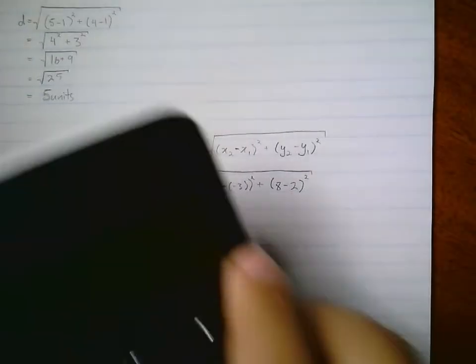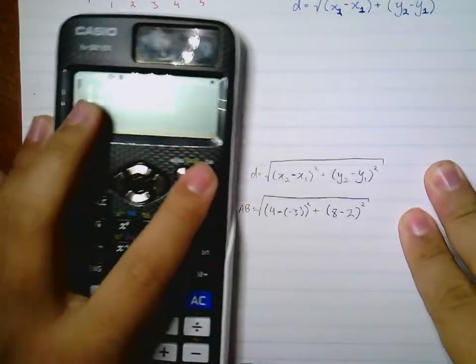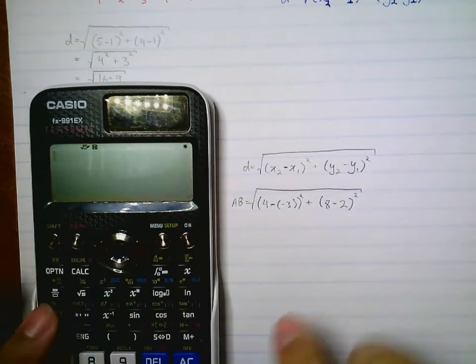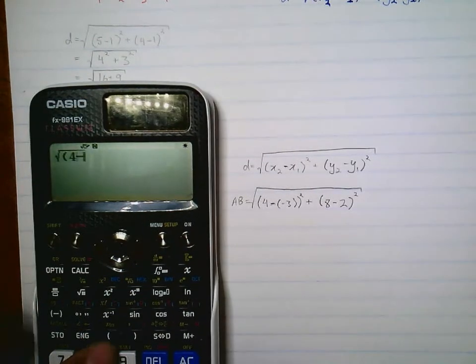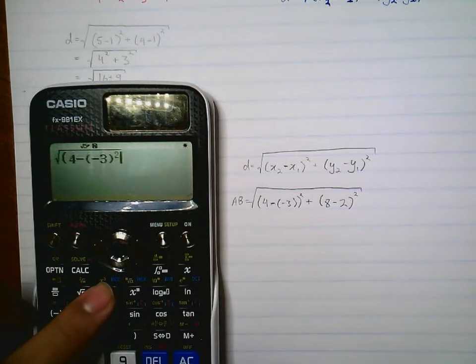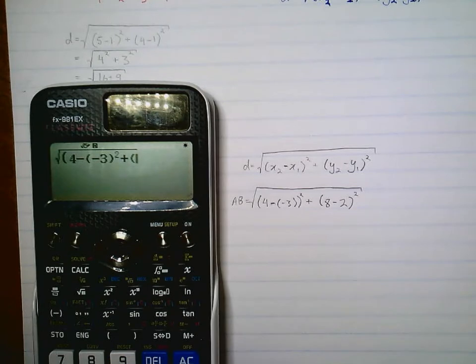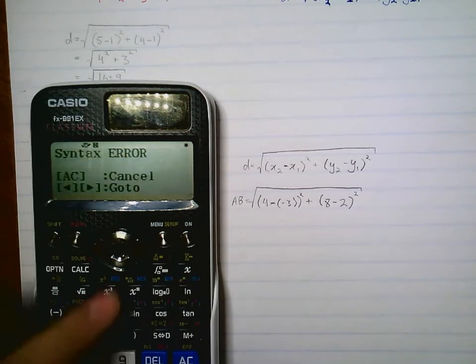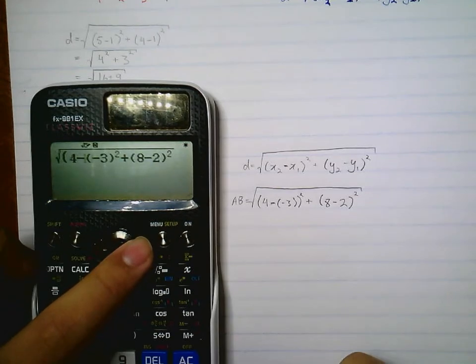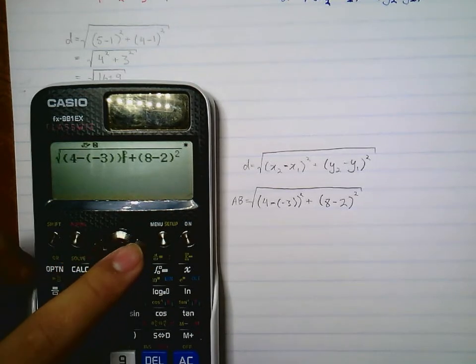For the sake of time, I'm just going to use my calculator for this one. Here we go. Square root, open bracket, 4 minus -3 squared plus, open bracket, 8 minus 2 squared. Oh, what went wrong? I need a bracket here. There we go.